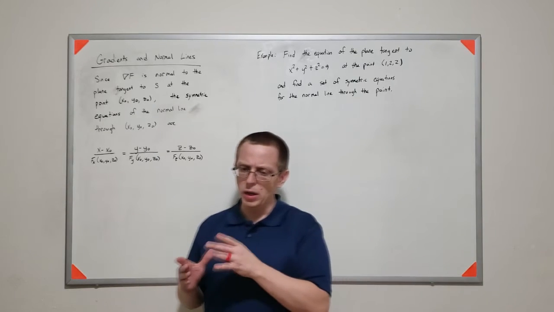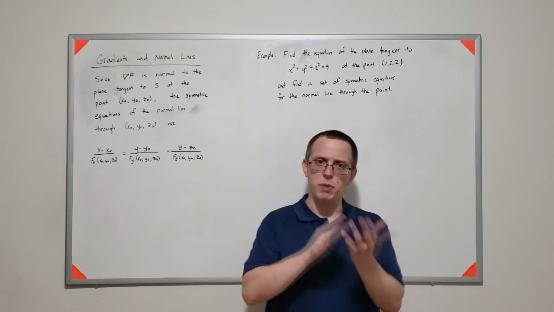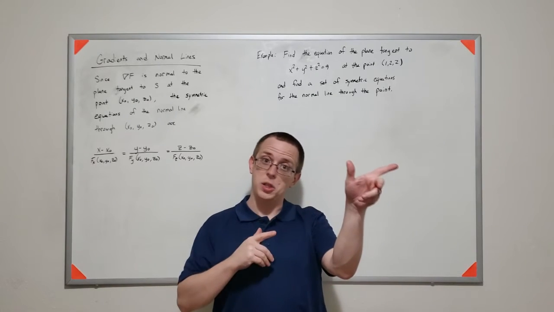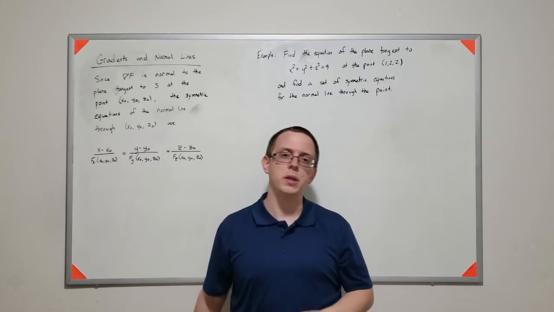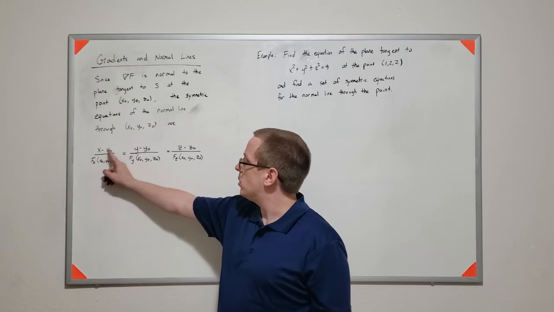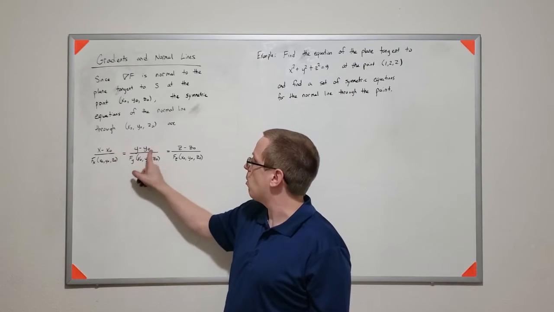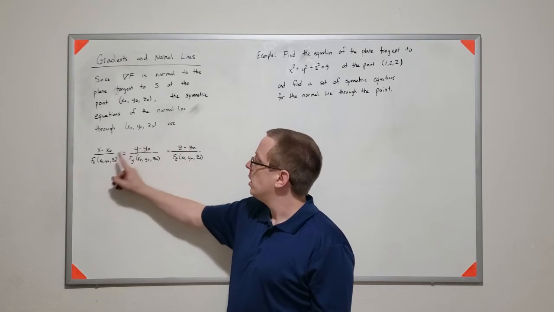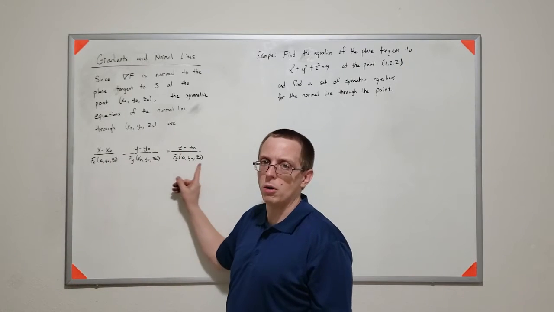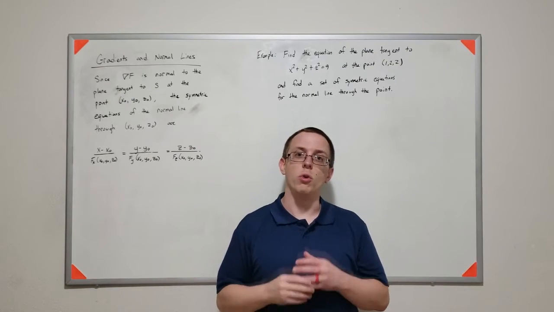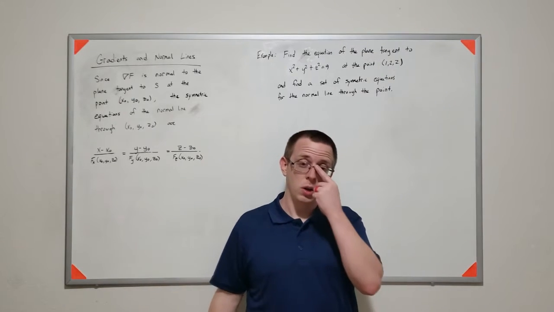If you remember, the way you could do symmetric equations of a line in space that went through a point is you would say x minus x0, y minus y0, z minus z0, with these numbers here. And if you recall, the numbers on the bottom for the symmetric equations were the direction numbers of that vector.